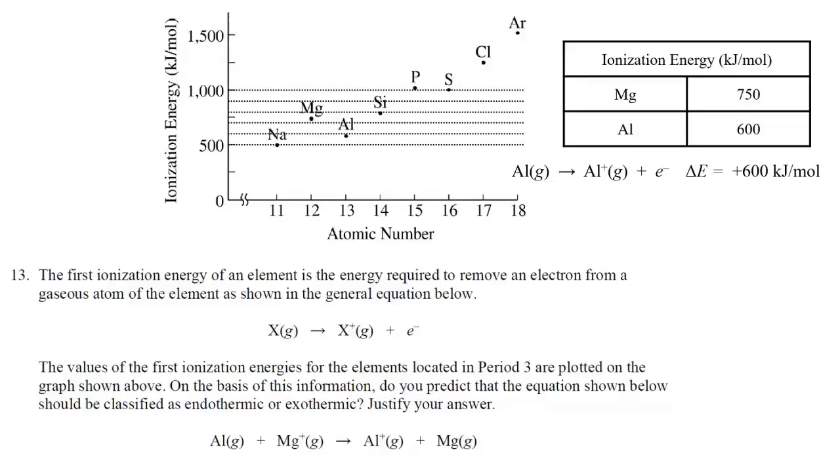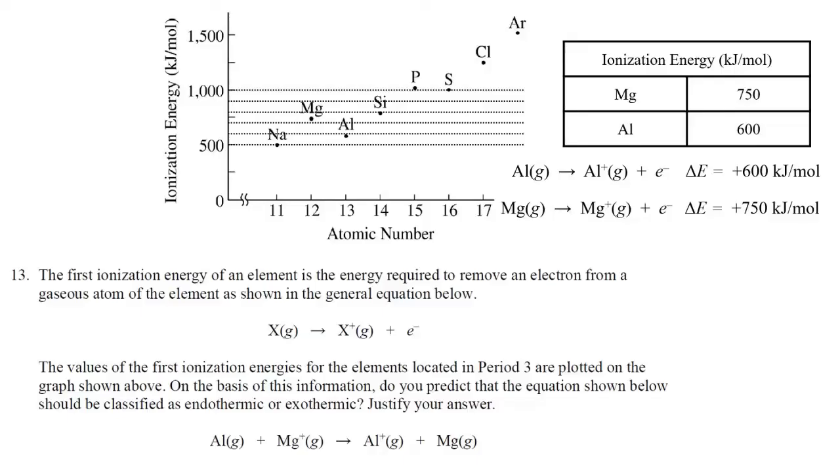If you take an electron away from aluminum, then that would be 600 kilojoules per mole to do that. And then for magnesium, it's the same idea. You start with an atom of magnesium, you take away one electron from the atom to produce a positive one ion, and that would be 750 kilojoules per mole based on my rough estimate.